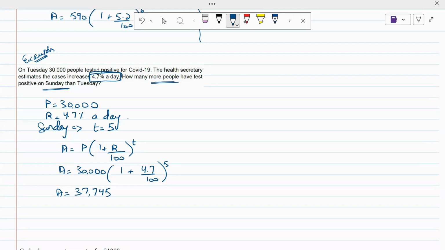So these are the total infected people on Sunday.